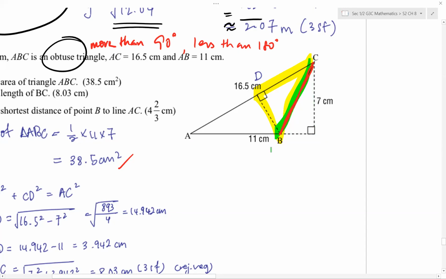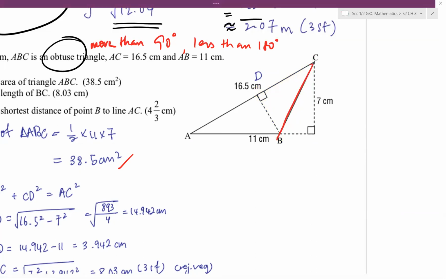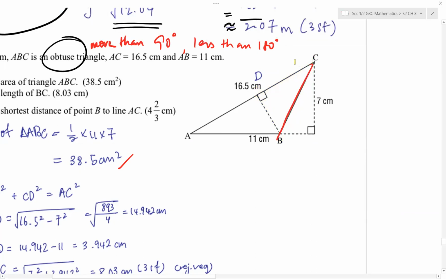So I'm going to observe my yellow triangle first. The red line is what I want to find. In order to find the red distance, I need the distance from C to D, which I don't have. Cannot work already. I also require the distance from B to D, which I also don't have. So it doesn't work.